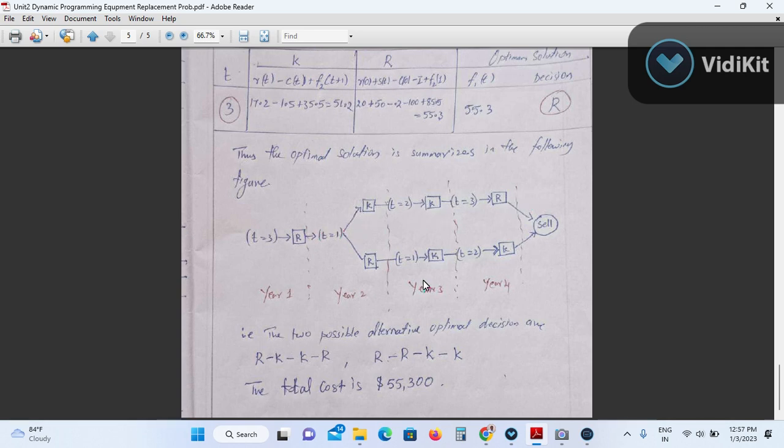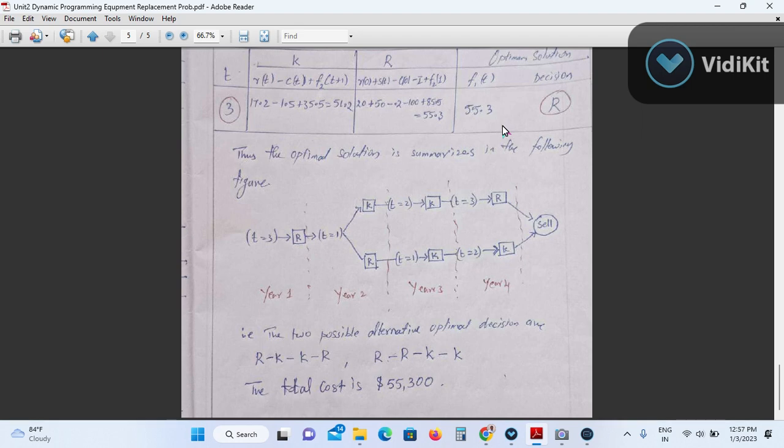Now based on this, you are moving for the next thing. So from 3 we just go back here. For the 3 years old machine, what is your decision? You are going to replace. Therefore, you are not going to keep.